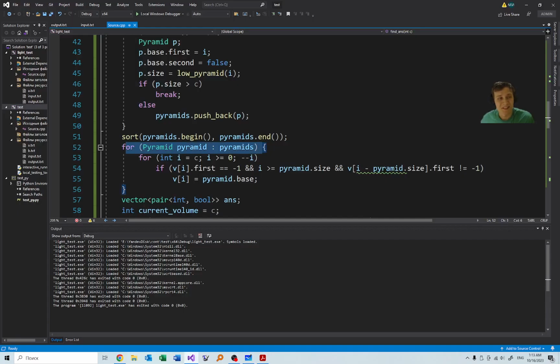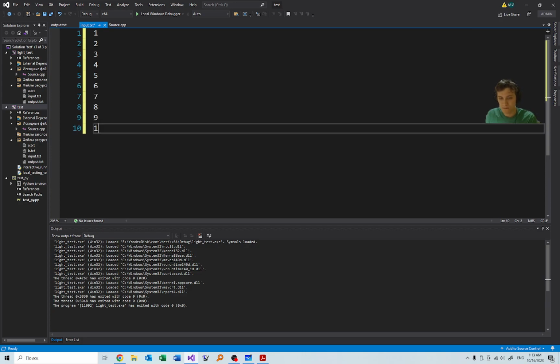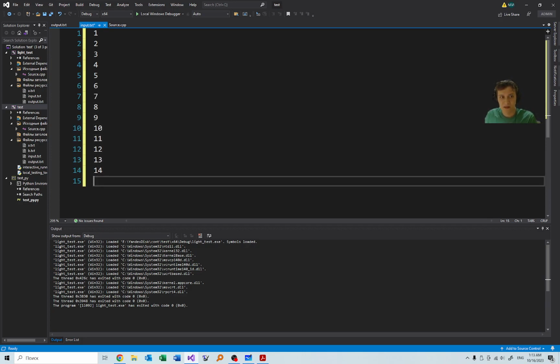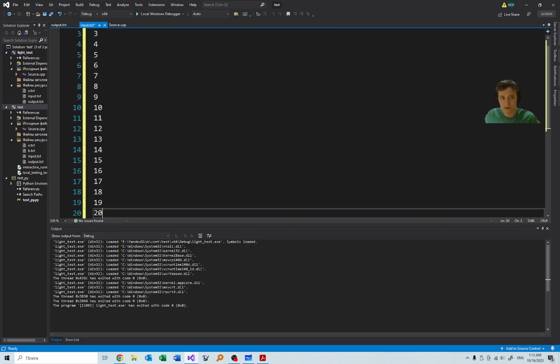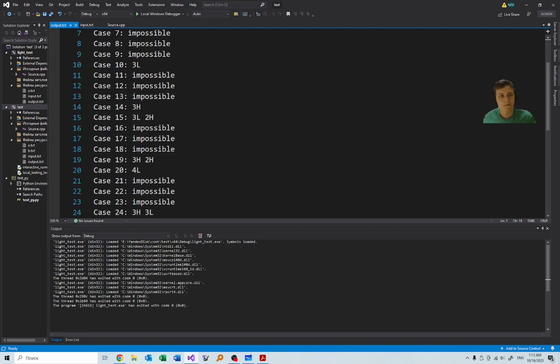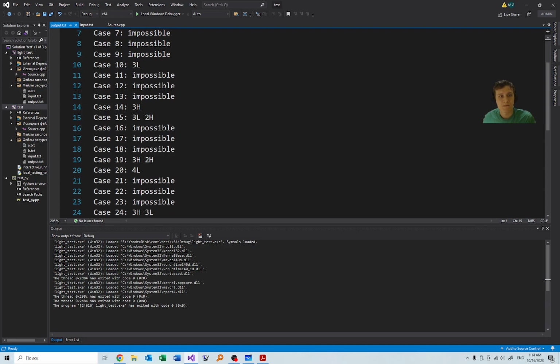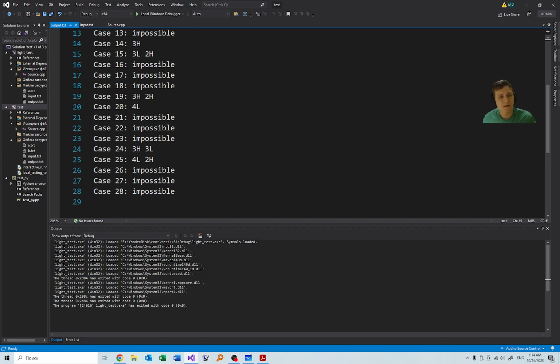Great. Still, the solution is not correct. The reason is we do not look at the lengths of these representations, so we do not check that they are optimal. Maybe we will see it somewhere here. Let's try, maybe we'll see it. Maybe it's not easy to see.